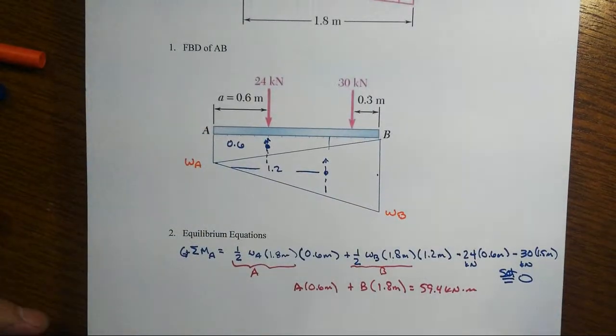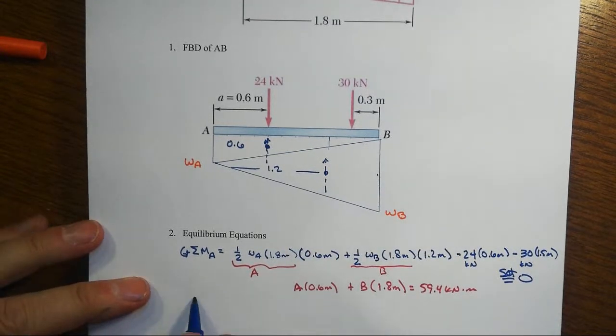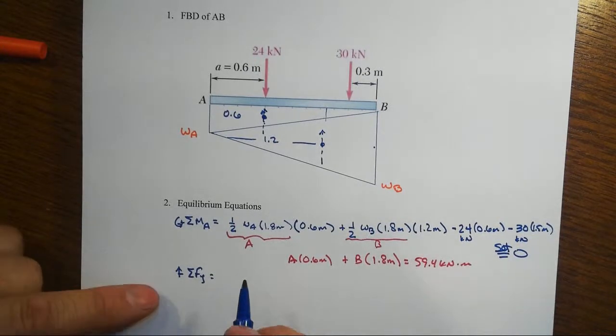Now, that would be just one equation with two unknowns. We could also sum moments about point B, or we could sum forces in the y. I generally like summing moments, but for the heck of it, I'm going to sum forces in the y, because I know my students tend to like that better.